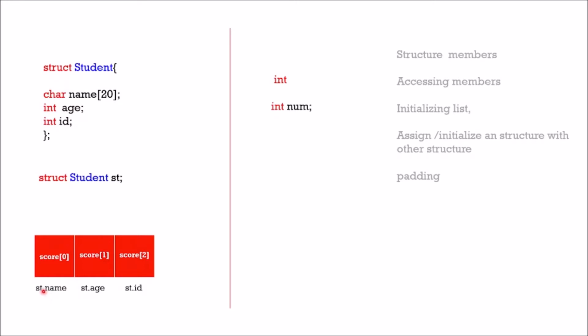This is the access operator. Okay, so I refer to all of these member variables by the name of the structure followed by a dot. Okay, and then the name of the structure member. Okay, so let's start with an example in our online compiler.